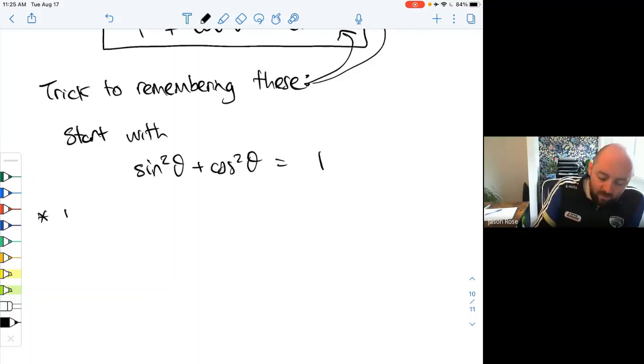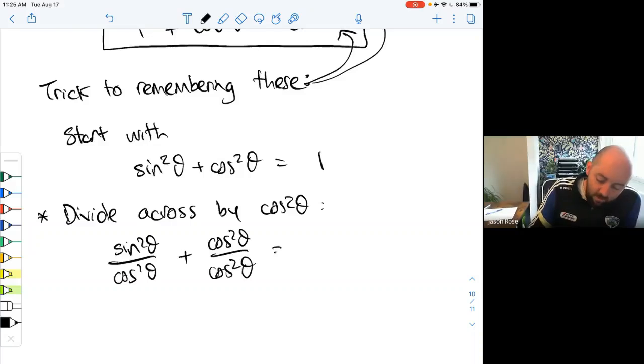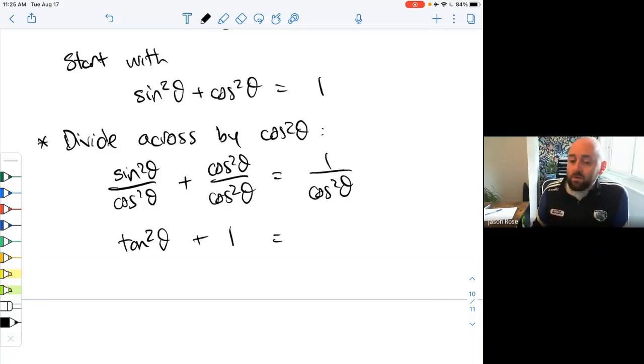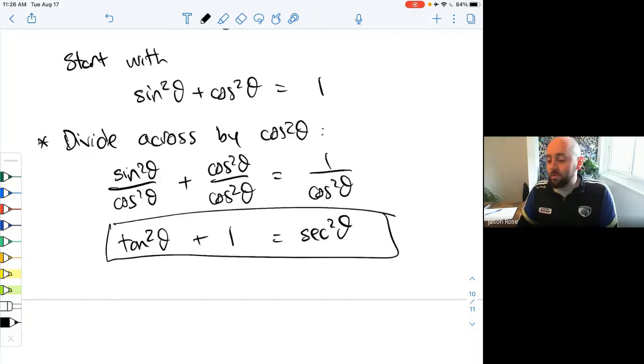One thing that you can do is divide across by cosine squared, and then you're going to have sine squared divided by cosine squared, cosine squared divided by cosine squared, and 1 divided by cosine squared. Sine over cosine is tan, cosine over cosine is 1, and 1 over cosine, if you remember we just did it, was secant. So that can be how you can remember one of them.